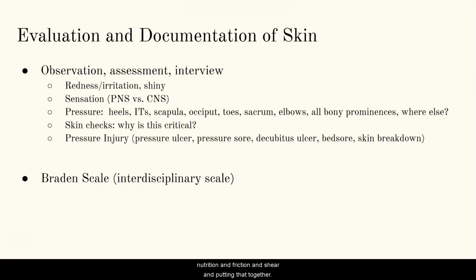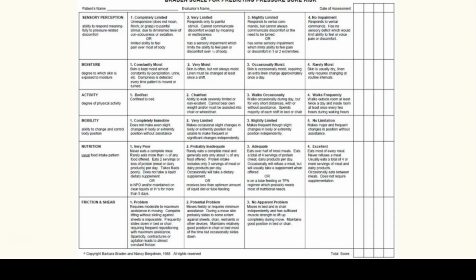And putting that together, the lower the score, the higher the risk of potentially having a pressure injury. So that is sensory perception, moisture, activity, mobility, nutrition, friction, shear. Adding those numbers together to generate a total score. The lower the number, the higher the risk.